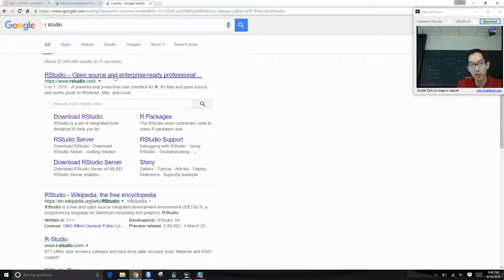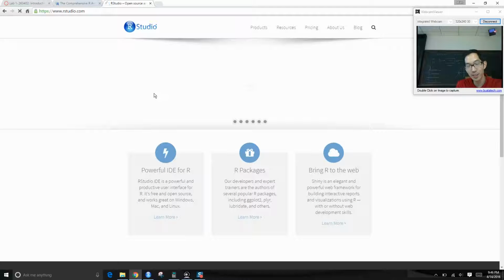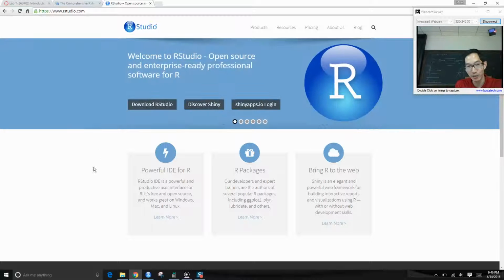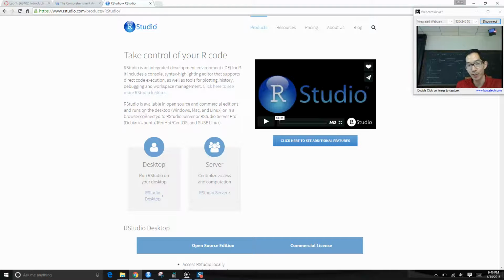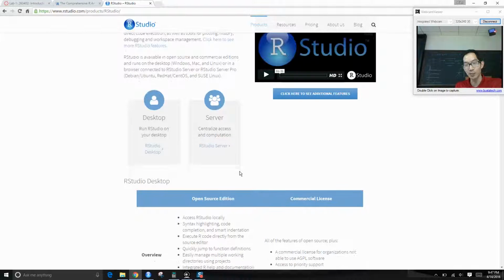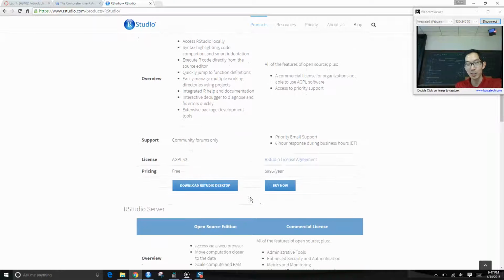You'd go to RStudio, and they have a free version that is perfectly good for everybody. And then they also have an enterprise version, which is crazy expensive. If you're working at Google and you need a commercial version, you can pay the $1,000 a year.